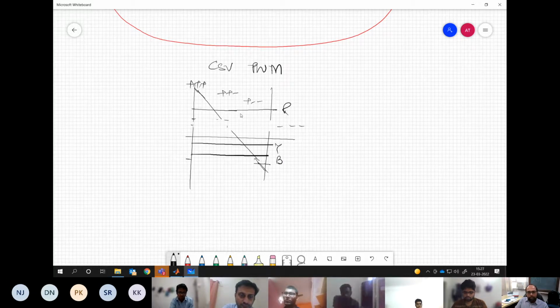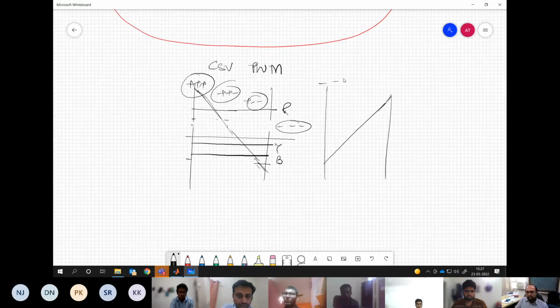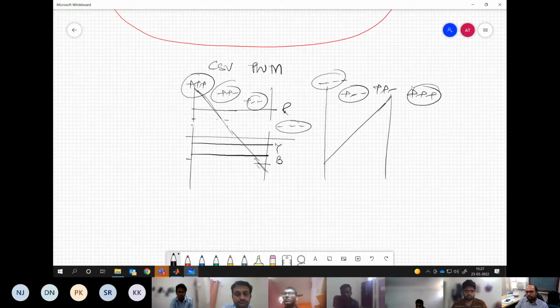What do we have basically? We are applying these vectors in sequence. Or, with a rising carrier instead of a falling carrier, that results in the vector states minus minus minus, plus minus minus, plus plus minus, or plus plus plus.